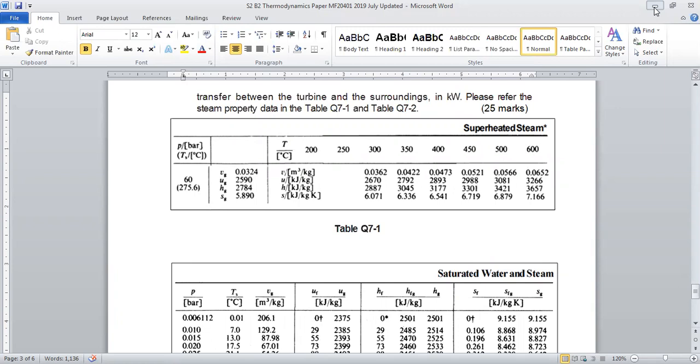Second, thermodynamics and of course innovations. I will guide you through these innovations and entrepreneurships.